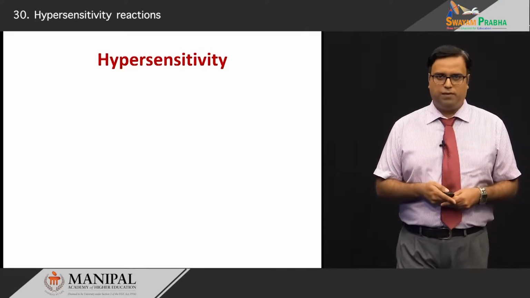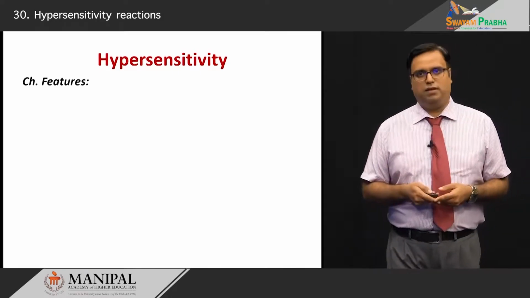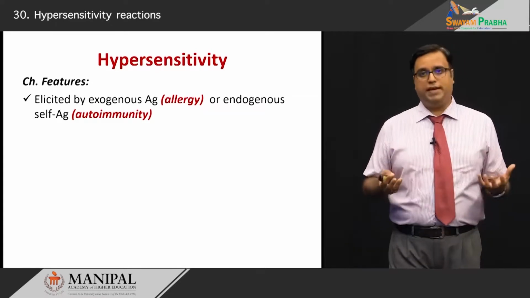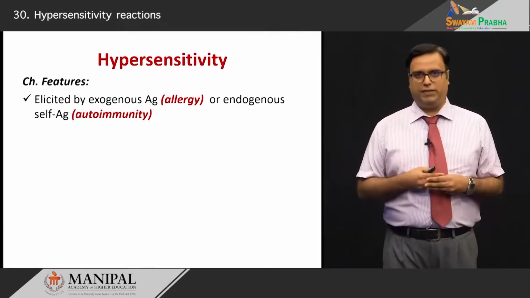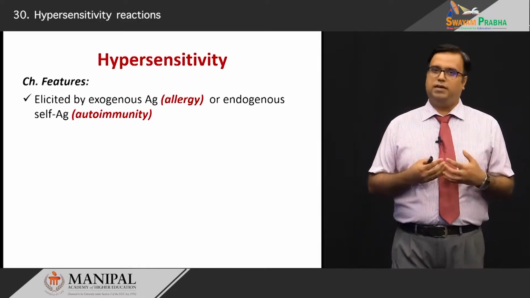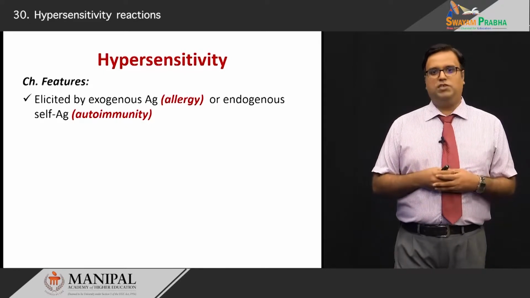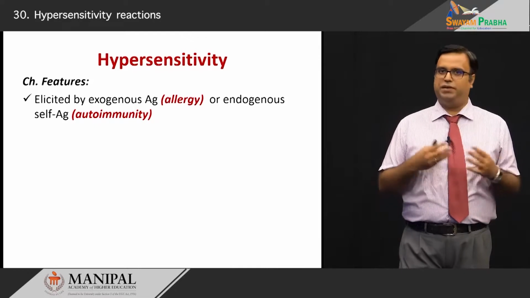Now there are 4 types of hypersensitivity reaction which we will try to break down in today's next half an hour or so, but all of them have 4 important underlying tenets, which are that they are elicited by antigens which are outside the body or within the body, called exo and endogenous respectively. Now the exogenous one is something that all of us know, have experienced and gone through the woods, which is allergic reactions. Some of us may be allergic to dust as you enter a room.